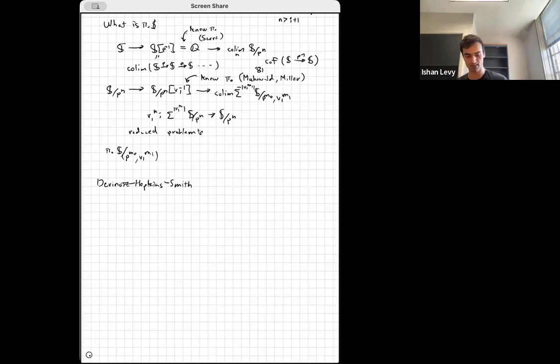What Devinatz, Hopkins, and Smith showed is that you can keep going and build objects that look like the sphere modulo some power of p, some power of v1, all the way up to some power of v_{n-1} to the m_{n-1}. So you can keep modding out by some sequence of elements, and this is called a type n complex. It's an example of a type n complex.